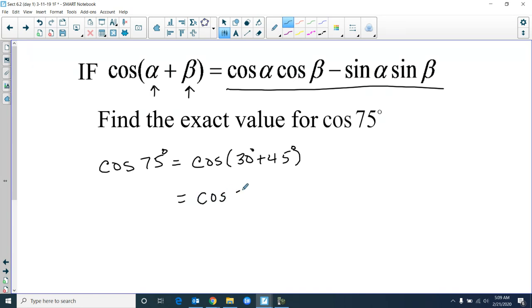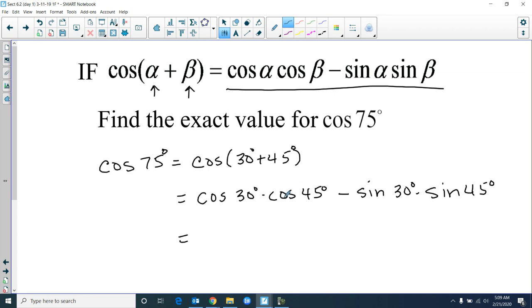So it becomes cosine of 30 times cosine of 45 minus sine of 30 degrees times sine of 45 degrees.